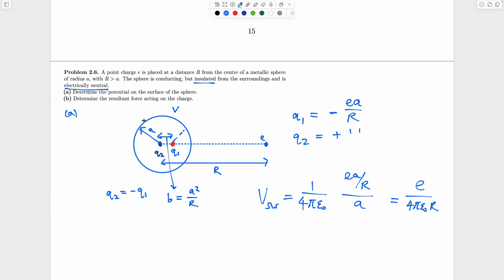Because the first image charge already yields V equals 0, we only need to care about the second image charge, Q2.